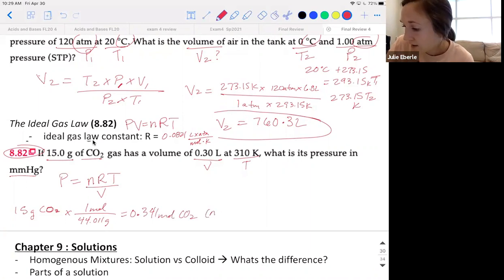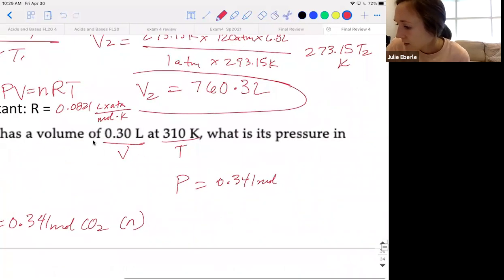This is n. So P equals, I got liters. You got to make sure all your units match the units for R. So I got 0.341 moles, times R, which is 0.0821.